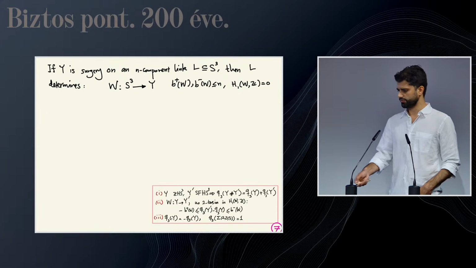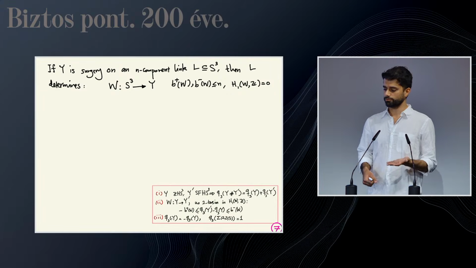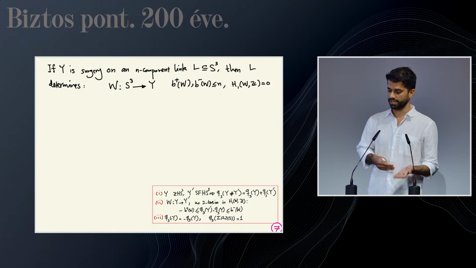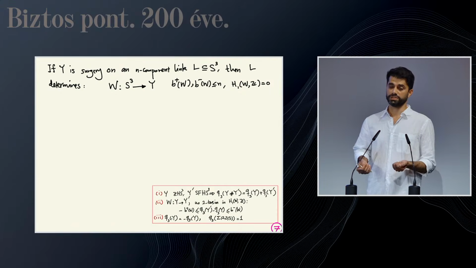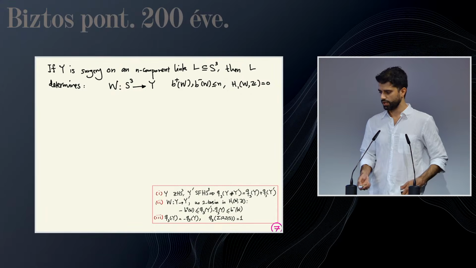Let's say you have a 3-manifold Y which is surgery on an n-component link. That link gives you a natural trace cobordism, a 2-handle cobordism from S3 to Y, with b2 being n and first homology being trivial, so in particular b plus and b minus are 0.